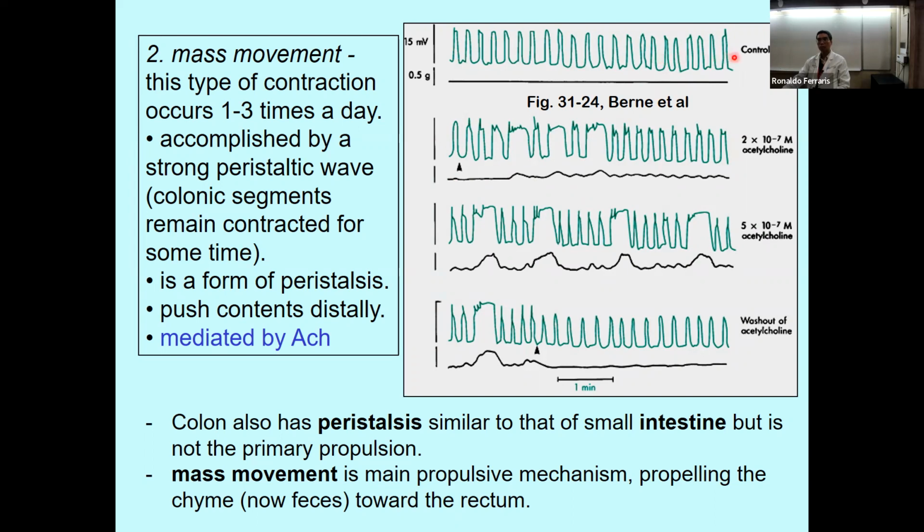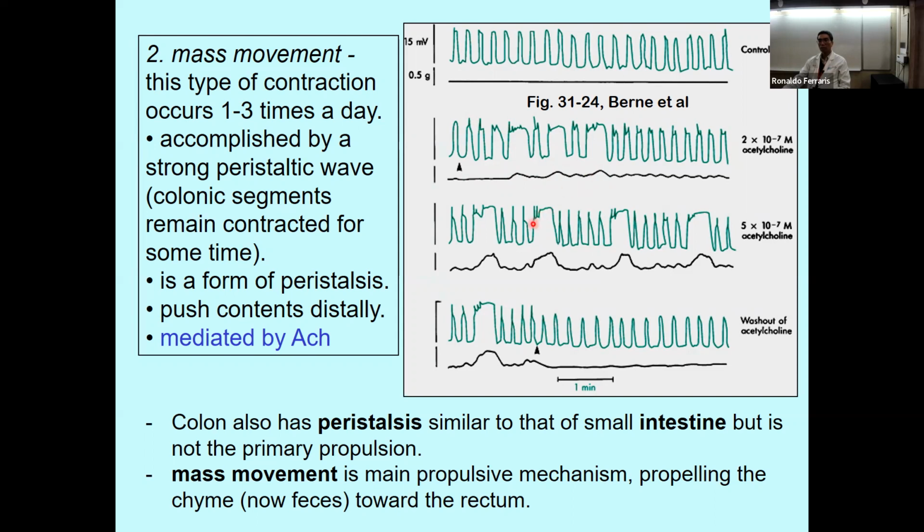in an in vivo or ex vivo experiment, an isolated colon, and then you add acetylcholine right here. So then you have action potentials going on top of that. And now when there are a lot of action potentials, you have a lot of contractions going on.